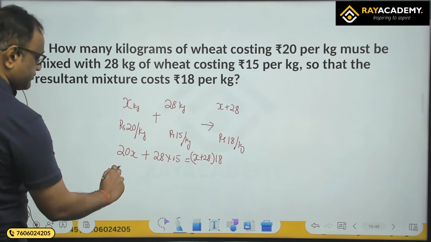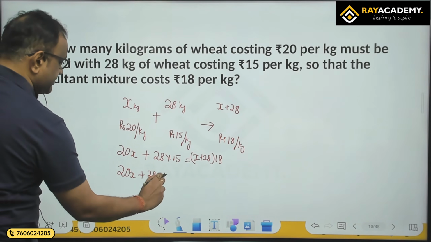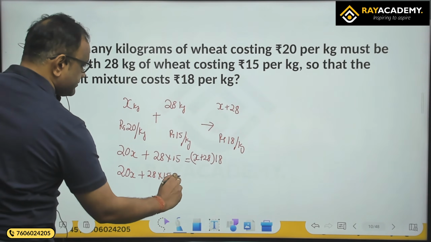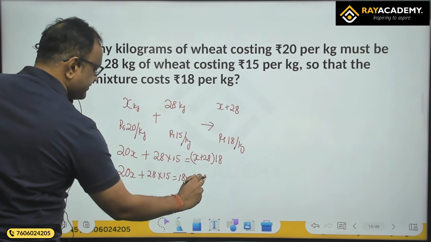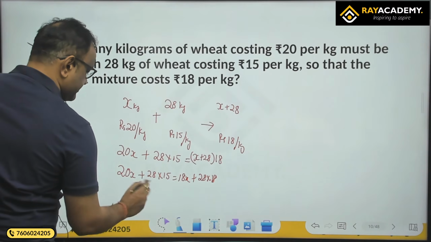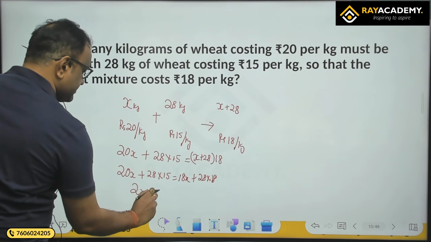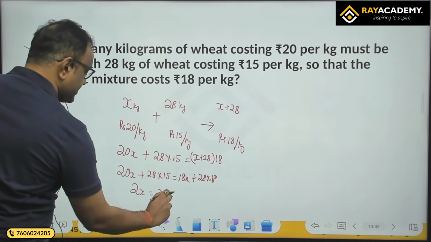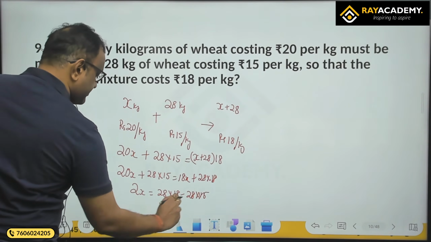Now you can solve this one. 20x plus 28 into 15, this should be equal to 18x plus 28 into 18. Now 20x minus 18x is twice of x. This is equal to 28 multiplied with 18 minus 28 multiplied with 15.